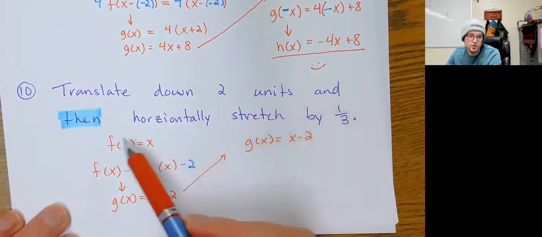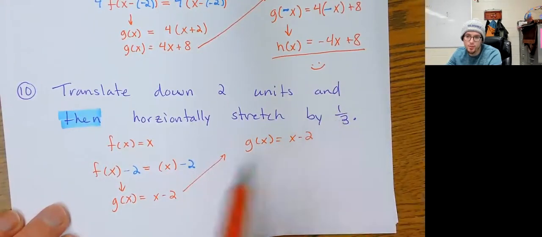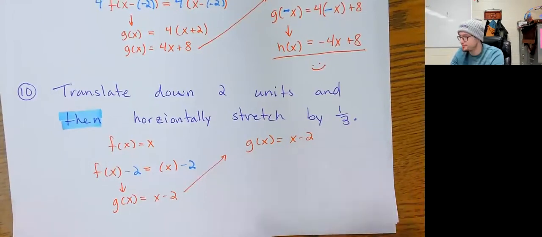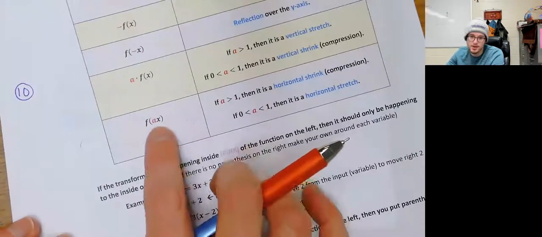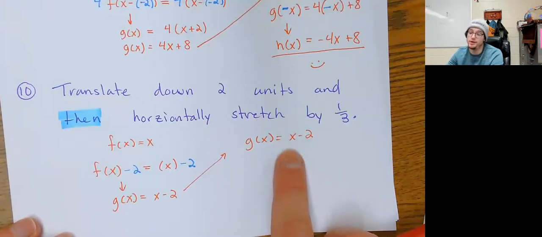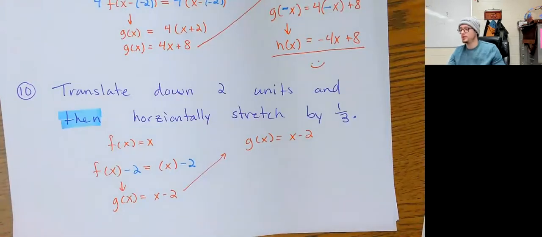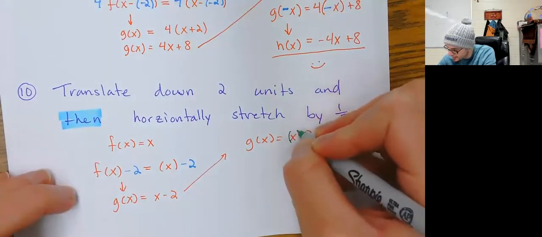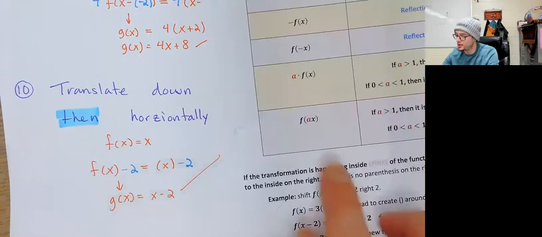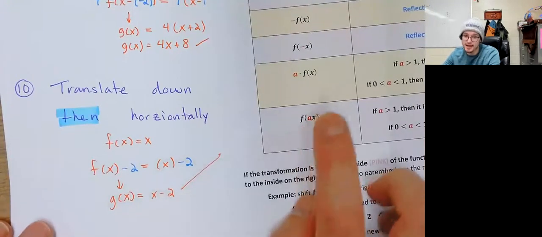So let's take that. g of x equals x minus 2. And now I want to horizontally stretch by 1/3. Well, a horizontal stretch happens on the inside. Do I have an inside? I do not have an inside. That's an issue. So I do not have parentheses around my input. So I need to put parentheses around my input, because we're multiplying just the input.